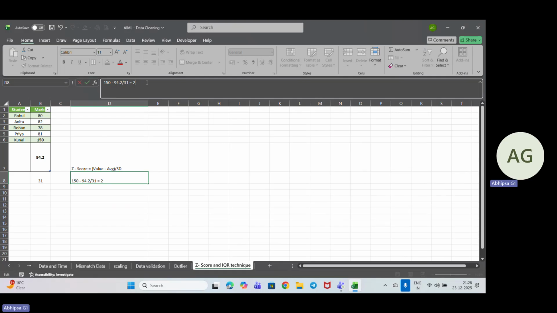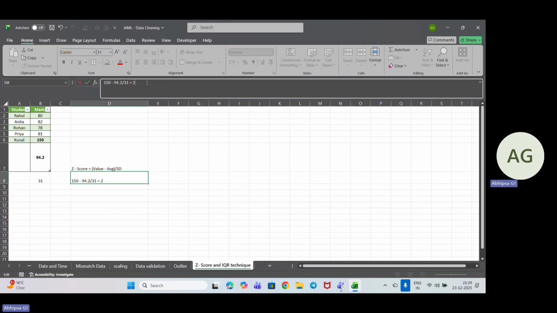For our example, the Z score is around 2, so it is close to an outlier, but it is suspicious.